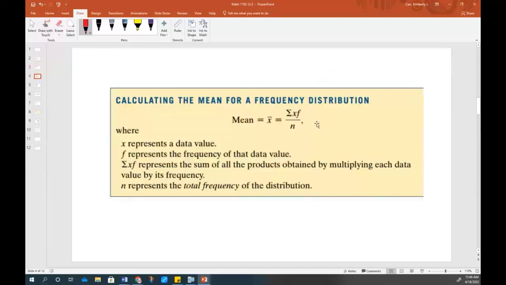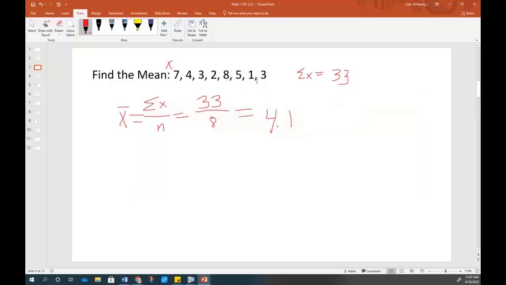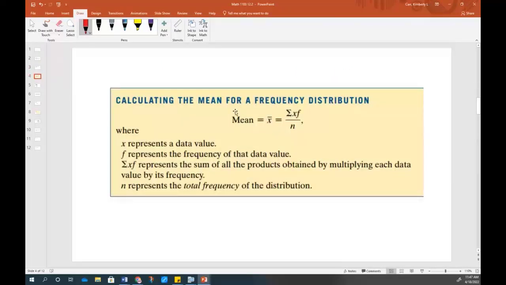We can find the mean for a frequency distribution, where a frequency distribution actually has kind of shortcutted our list of data, and instead of listing every single one of them, it tells us how many times a particular one occurred. So like on this one, I had this 3 that showed up twice. So it would just have a 3 and then would have a 2 out beside it, so you know how many times it shows up. And so when we're going to find the mean, and you do see this x bar here, it was probably on that previous slide also.